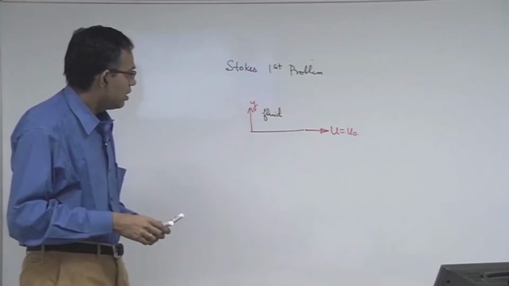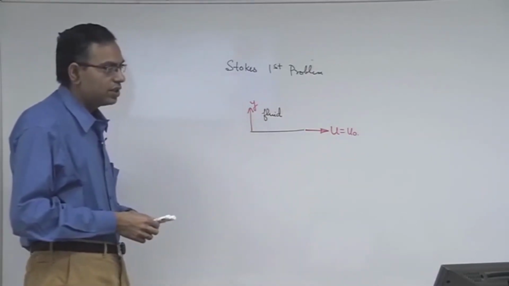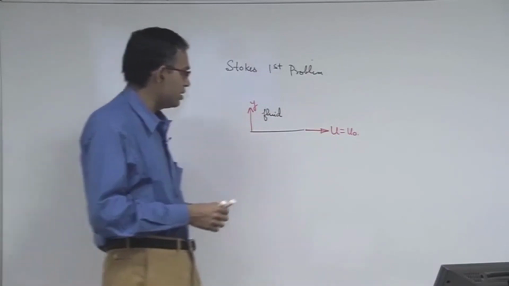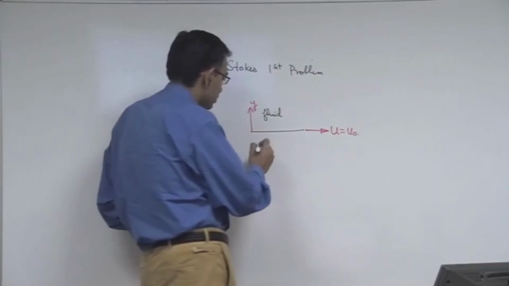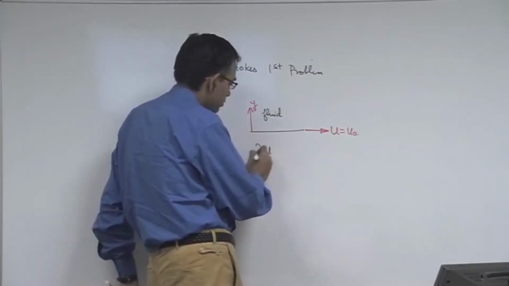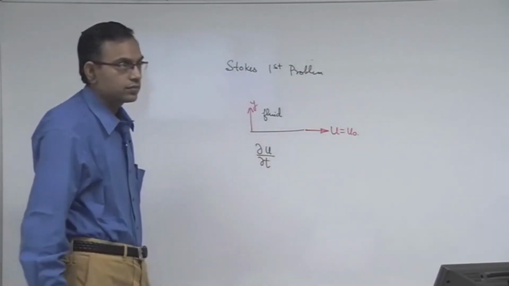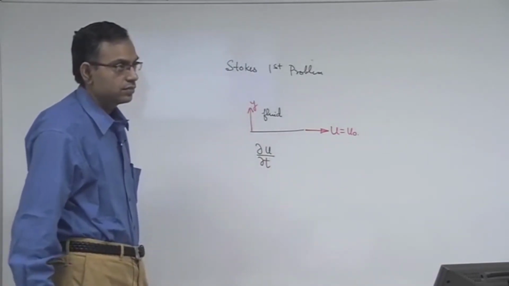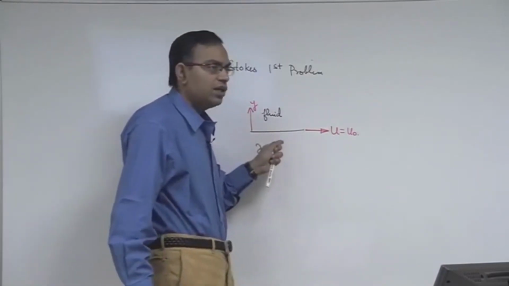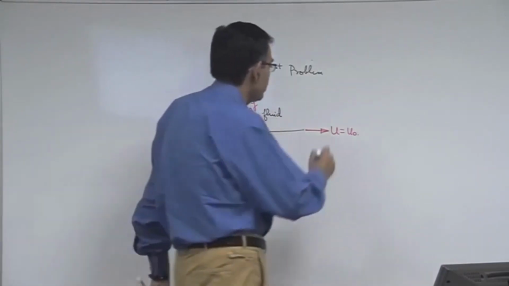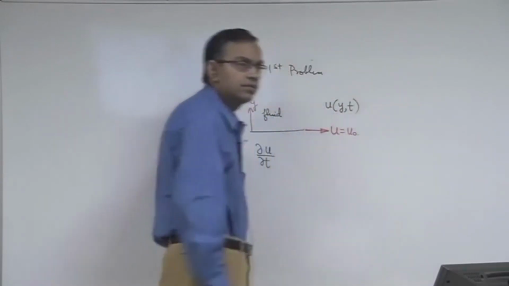So, let us start working out this problem by writing the governing equations. Let us assume that the velocity u is a function of y and t.